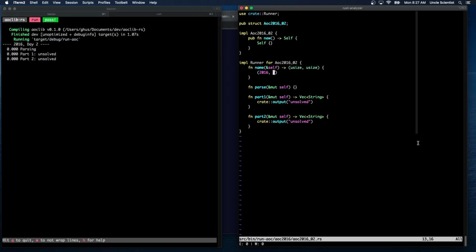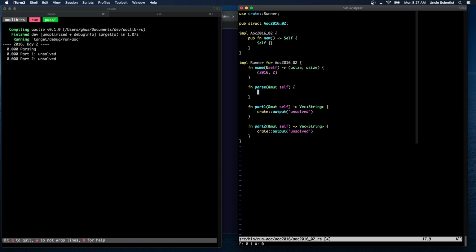Perfect. Okay, so first things first, we get the inputs, and then we parse them into instructions, but we don't really need to because they're all strings.